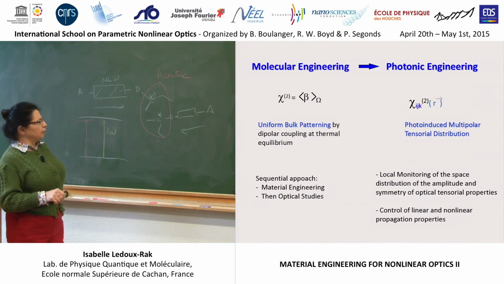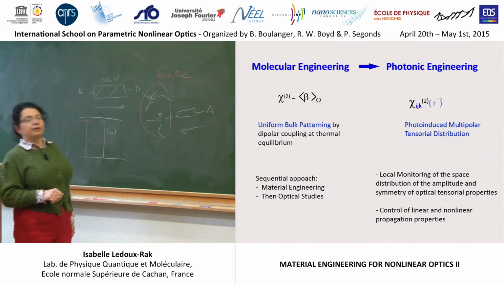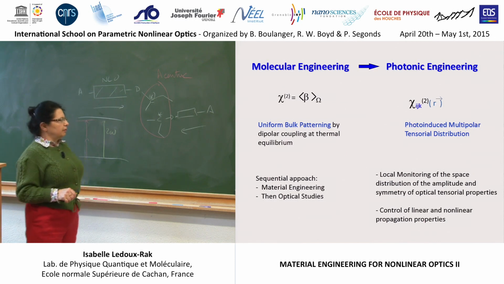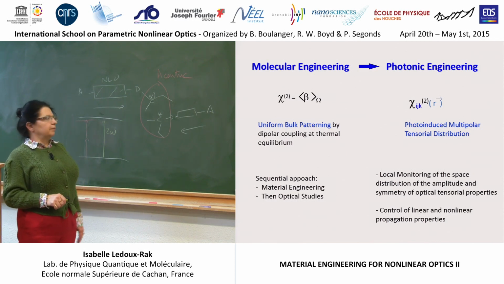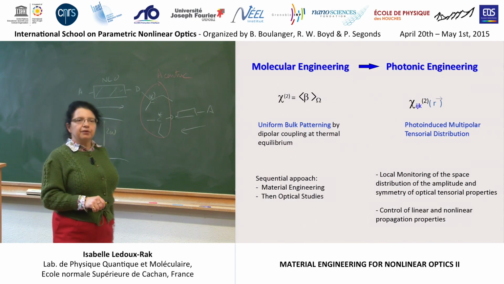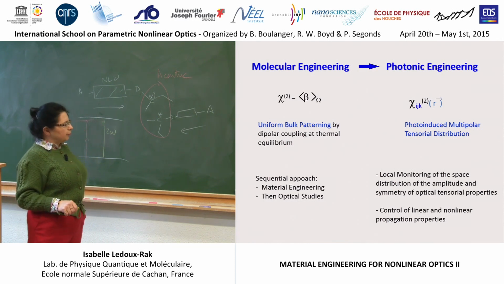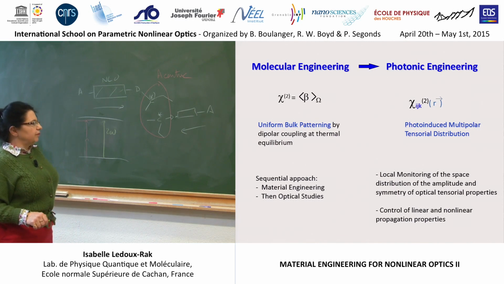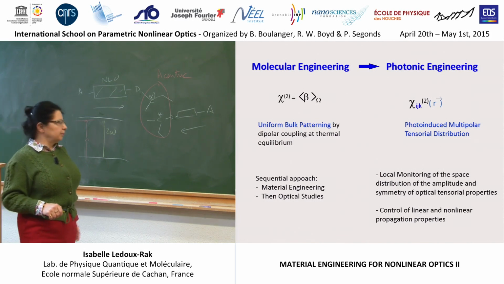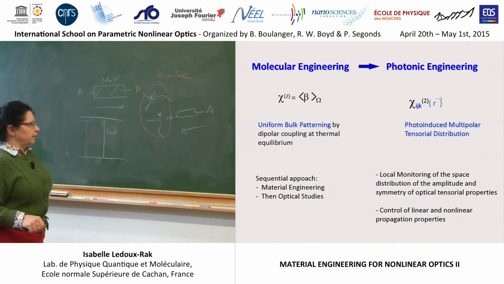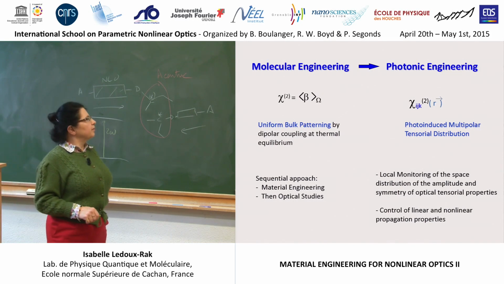So it's much more powerful than the dipolar coupling with an electric field, because an electric field will impose a single symmetry. Here you can choose a symmetry at will. And this is monitoring on symmetry, but also of the space distribution of the amplitude with the periodic system, and then to control nonlinear propagation properties.